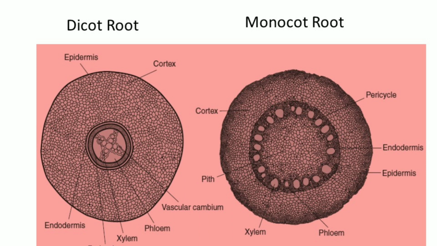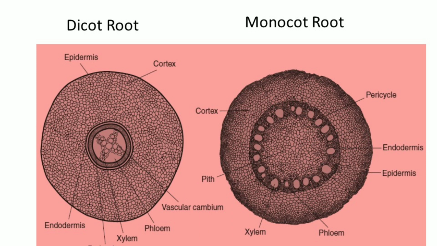The other major portion of the roots is the cortex, that is made primarily of parenchyma tissues for energy storage, and the endodermis is the outer protective covering of the root.